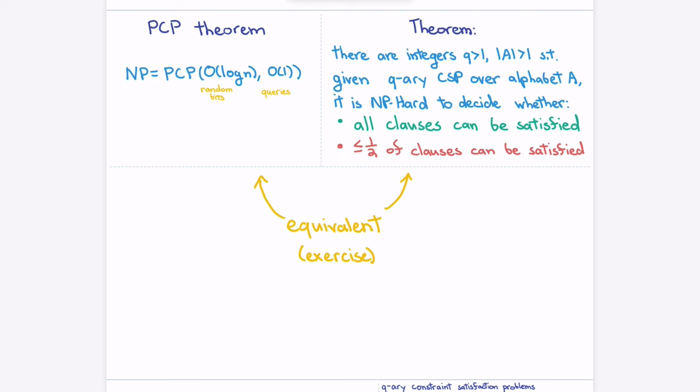So the PCP has some proof it has access to. It gets some random bits, which gives it a certain constant number of places to query, and then it looks at some bits: that's a 1, that's a 0, that's a 1.